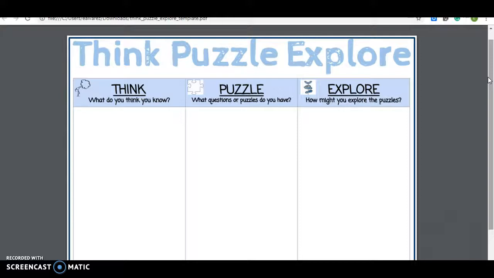Another place that you could use this is if you're helping students study for an upcoming assessment in any of their classes. Reviewing with them, what do you think you already know? In that column, when you're reviewing together, put down the things that they think they already know, and then the things that they don't know go in that puzzle section in the middle.